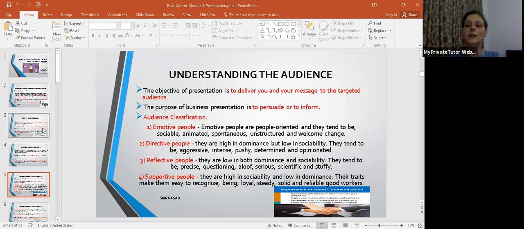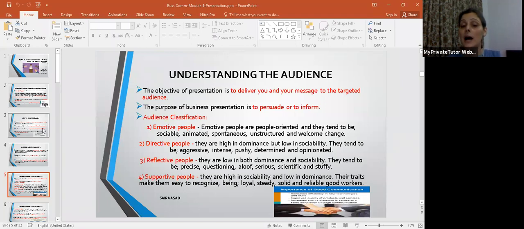They relate things to those people. We call them reflective people because they can't come up immediately with a conclusion or decision. They reflect on their decision: oh, that has happened in that case, and we can narrate like that. The stuffy ones can't make decisions very quickly. They take a lot of time.